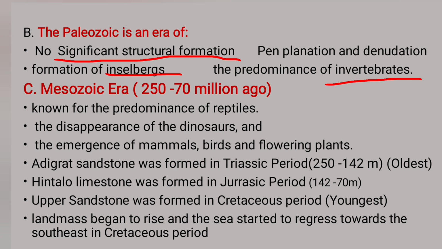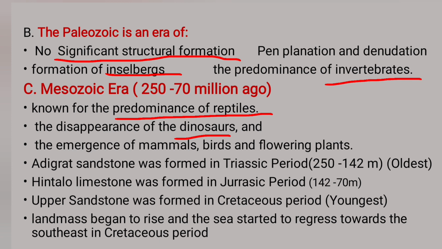The third era is the Mesozoic era, known as the middle life, which covers from 250 to 70 million years ago. This era is known for the predominance of reptiles, the disappearance of dinosaurs, and the emergence of mammals, birds and flowering plants.